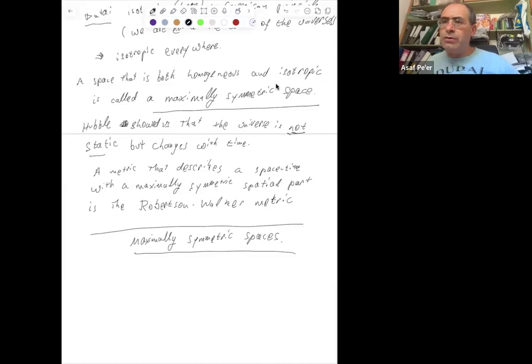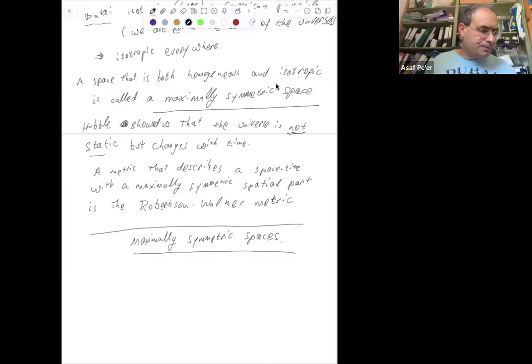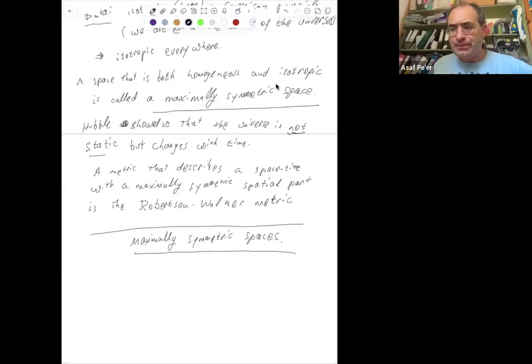And I told you today we're going to have some more algebra. So don't get annoyed by that. There is a good purpose for it. Okay, so technically, how do I define a maximally symmetric space?